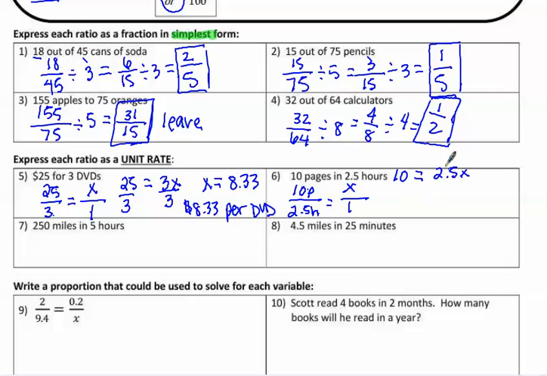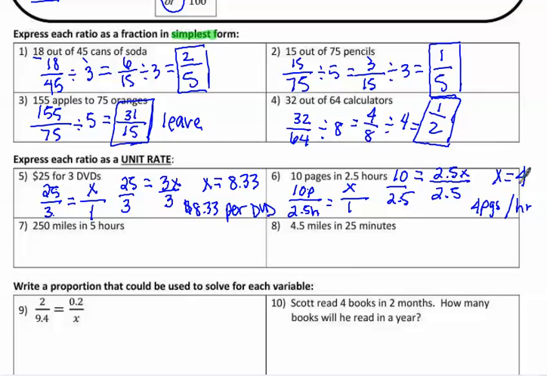This is a one-step equation. The inverse operation of multiplication is division. So 10 divided by 2.5 is going to give you 4. So you have 4 pages per hour.